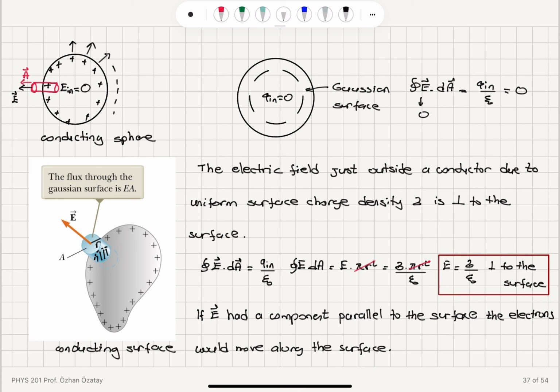It also tells us that the electric field inside the conductor has to be zero, because the arrangement of charges on the surface guarantees this result, and the electric field is sigma over epsilon 0 just outside the conducting surface.